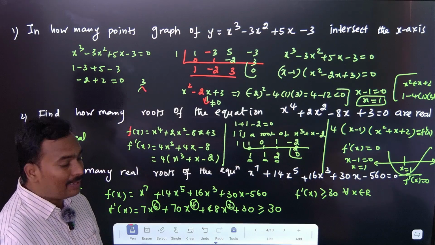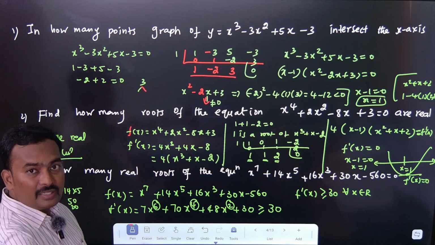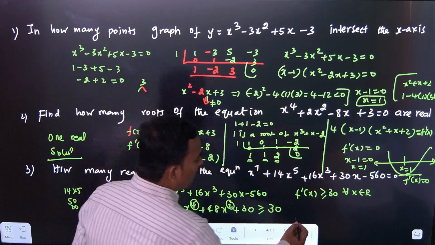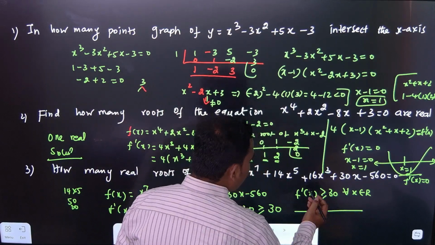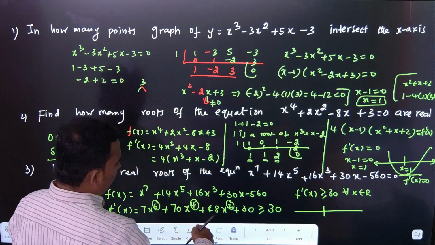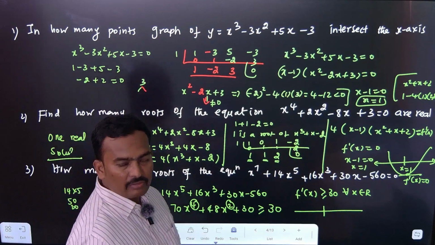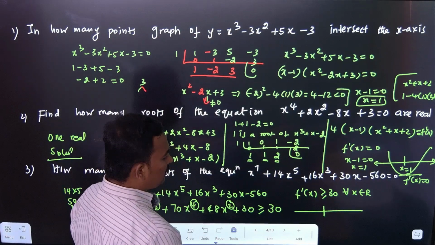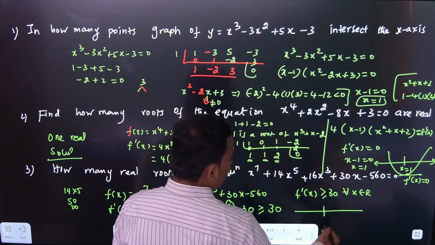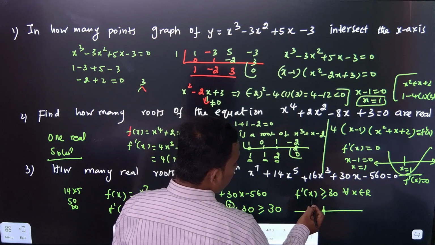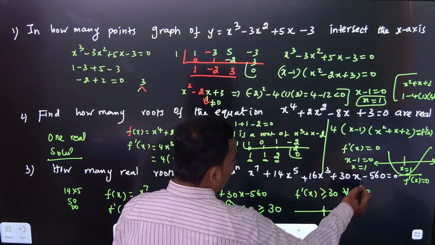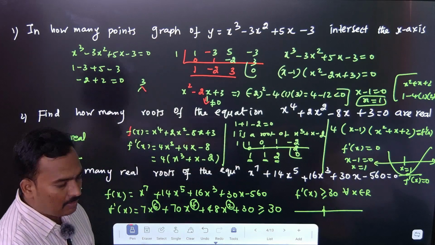So how are we telling that increasing means what? At some certain stage you can find some critical point, just equate to 0, and that point should be crossed and again it will be increasing, right?